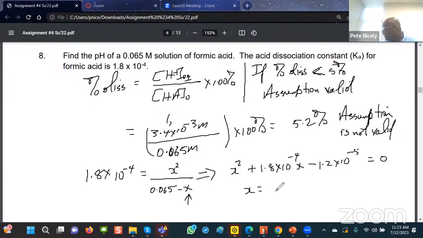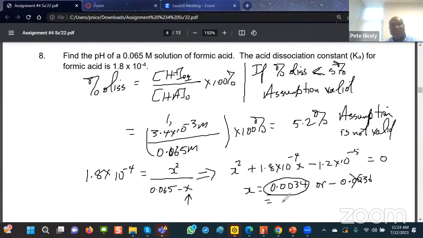One possible value of x would be 0.0034, and the other possible value would be minus 0.0036. Which one are we going to use? We're going to use this one because you cannot have a negative concentration.